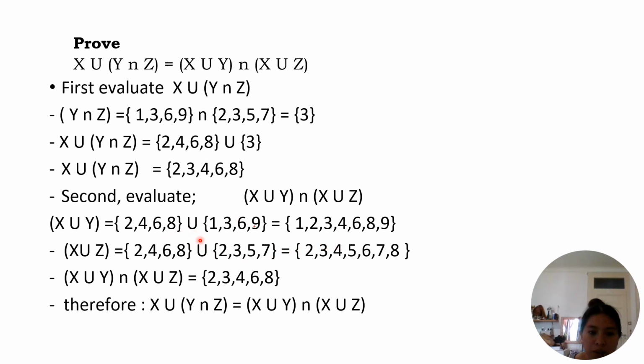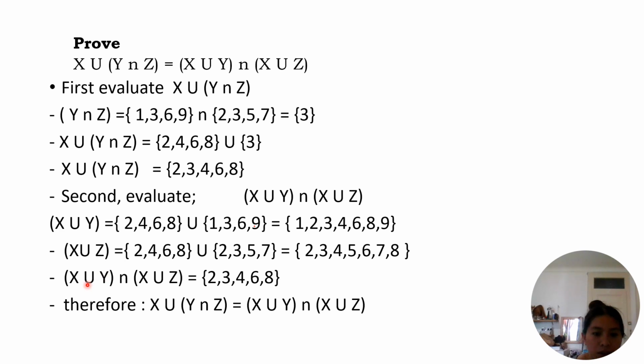So for example, this one, the 6. 6 is also present in the elements of Y, so we will just write one 6 here. So we have 1, 2, 3, 4, 6, 8, and 9.